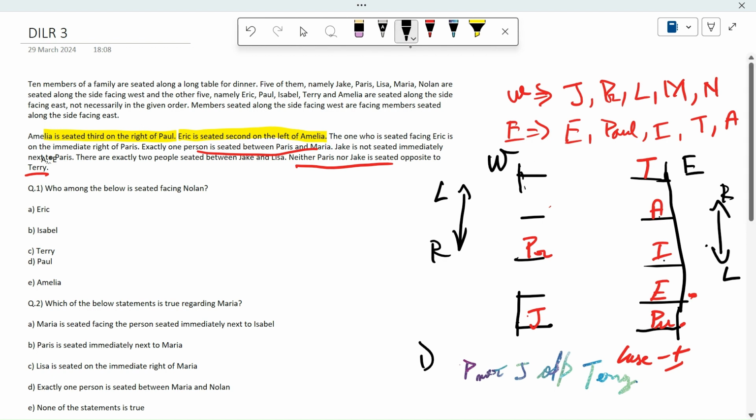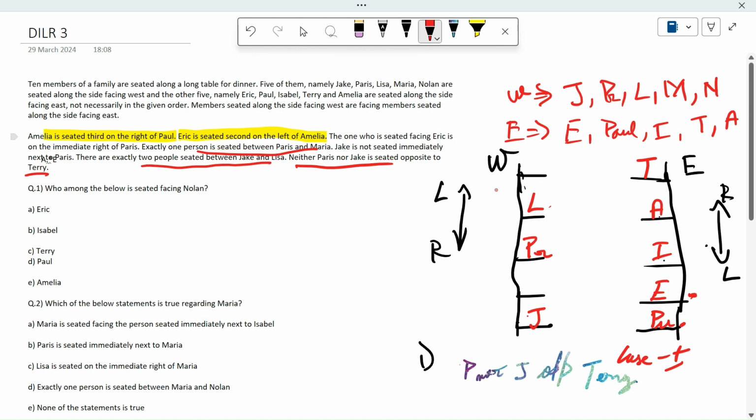Next, we have this point sorted. The other thing: there are exactly two people between Jack and Lisa. So Jack is here, two people, then Lisa is here. Then Lisa is done. Jack is not seated immediately next to Paris.